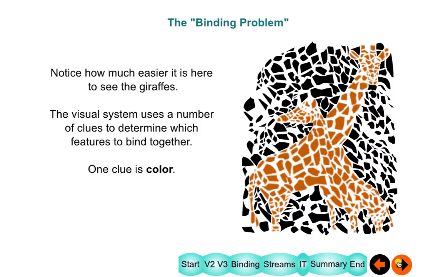Because color is a distinguishing feature, and the brain uses all kinds of cues to decide that things belong together and they become objects. So this is what these areas are trying to do: figure out what parts, what lines, what end of lines belong together, either because of some cue, such as color, or some other cue.